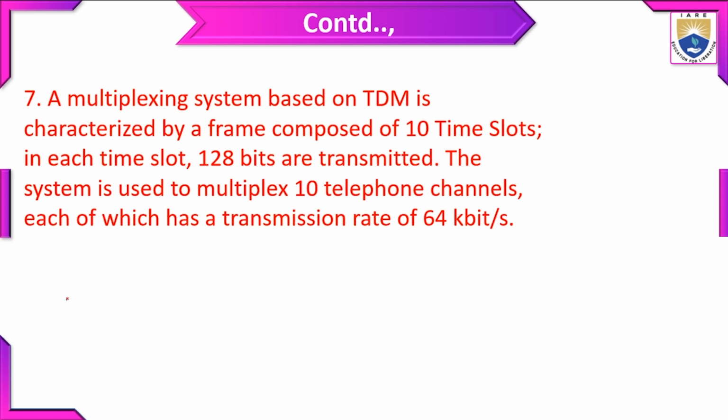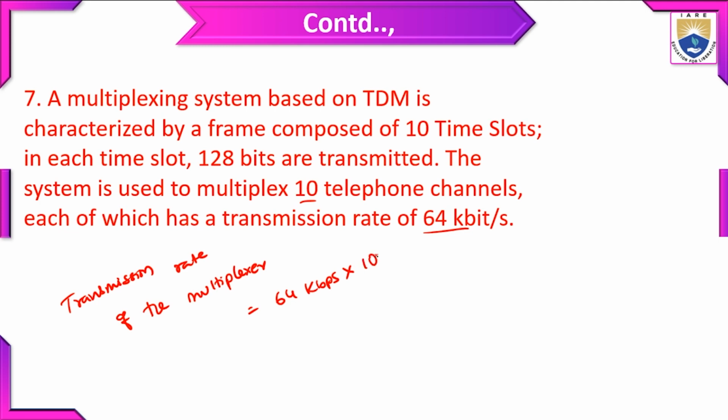So the transmission rate of the multiplexer is 64 kbps into 10 channels, which gives 640 kbps.